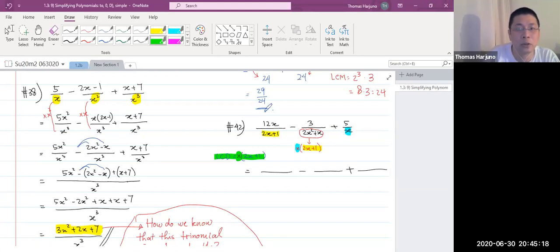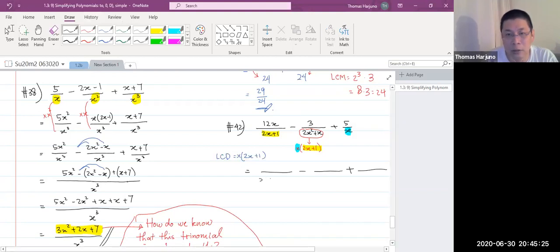Okay, so using that LCD, let me copy paste that here: x times 2x plus 1, x times 2x plus 1, x times 2x plus 1.